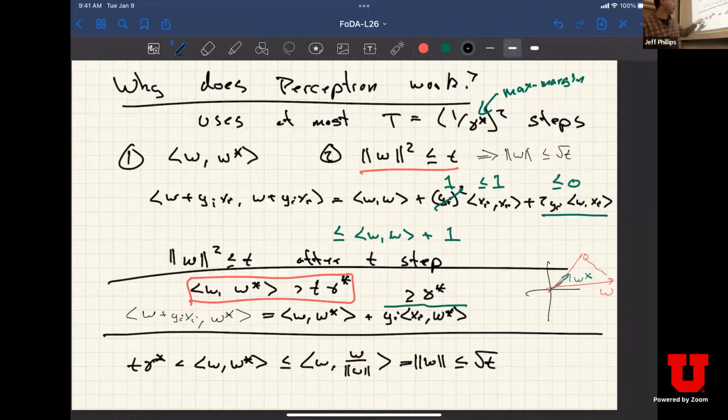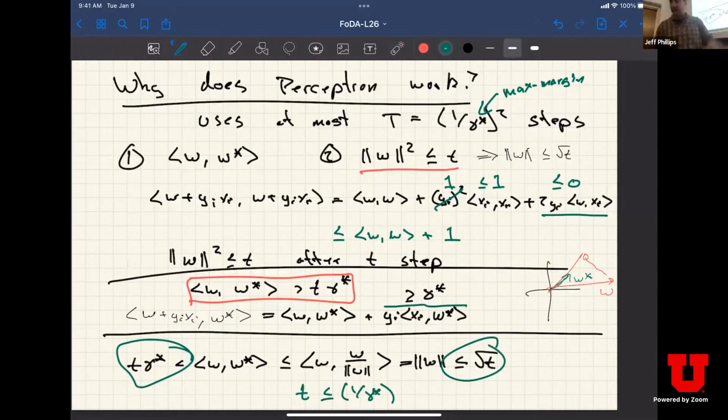Okay, and now I can solve for T, right? So now I can put these parts together to say that I can only take a step if T is less than 1 over gamma star, oh, this is squared, less than 1 over gamma star squared, right?